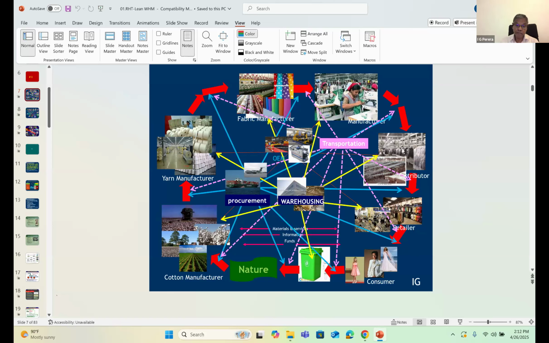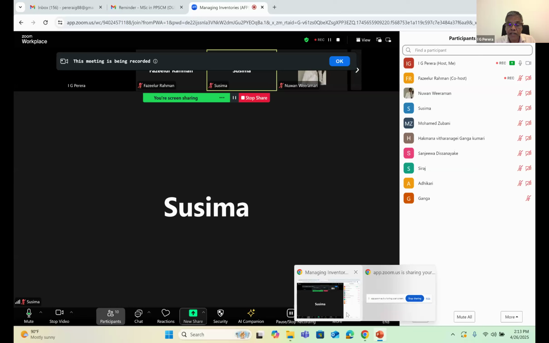Within the supply chain, there are a lot of inefficiencies happening. I think we have already discussed some of these inefficiencies, and the characteristics or elements of a supply chain. Have you all done this earlier? I think I can remember I did.